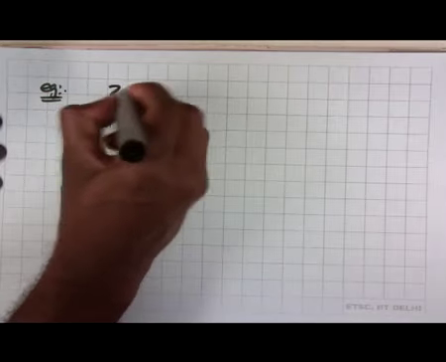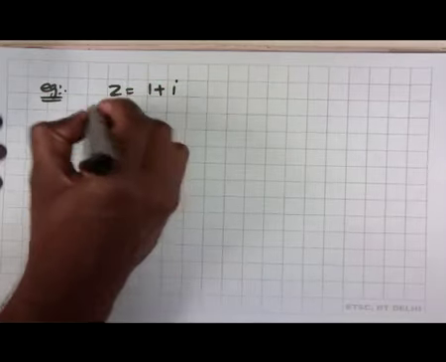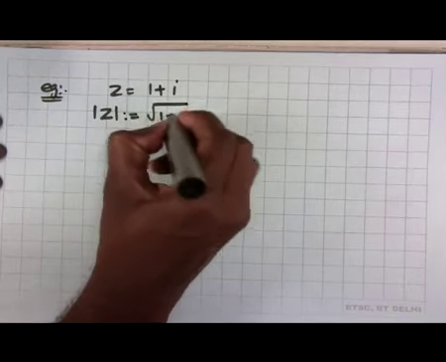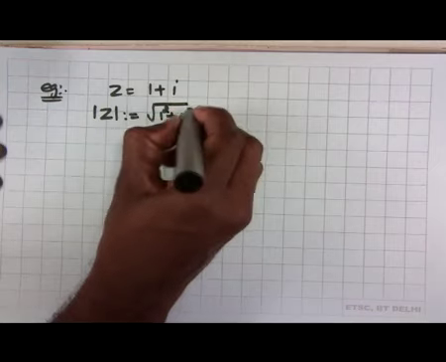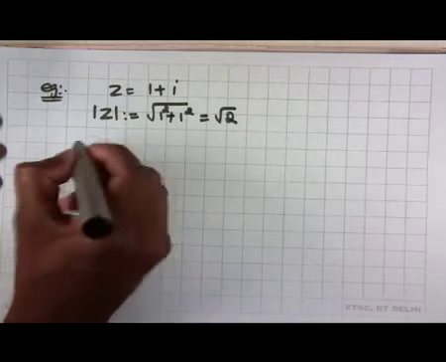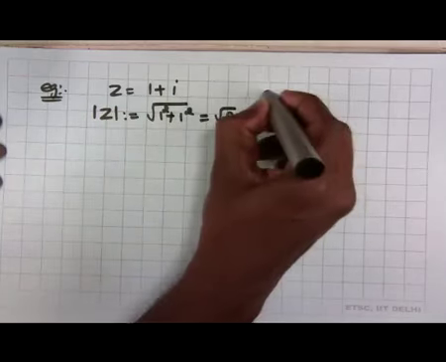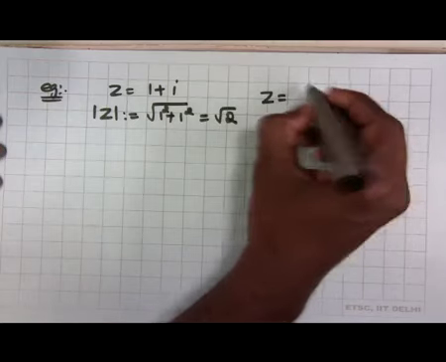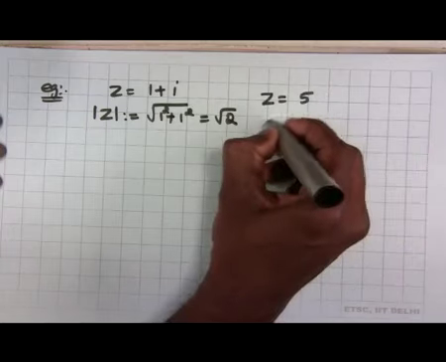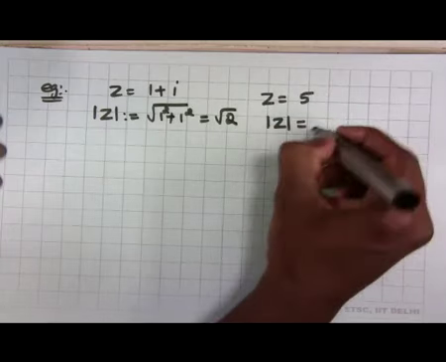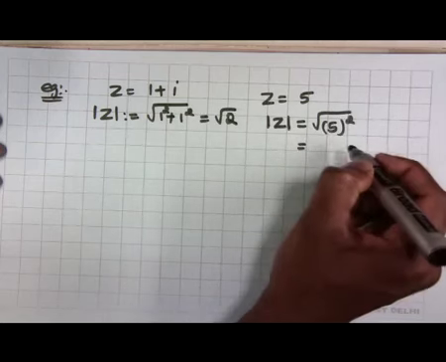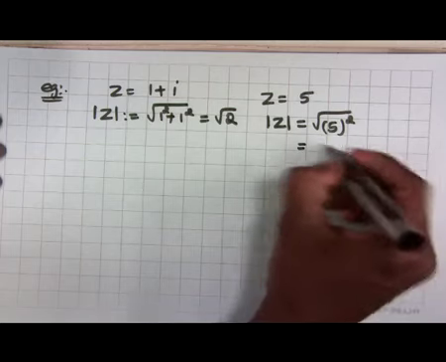Let us see simple examples. Suppose z is 1 plus i, then mod z by definition is square root of 1 square plus 1 square, so you get root 2. If z is just a real number, let us say 5, then mod z is the square root of 5 square, which is 5. Again, we associate a positive number because we are seeing it as a distance.